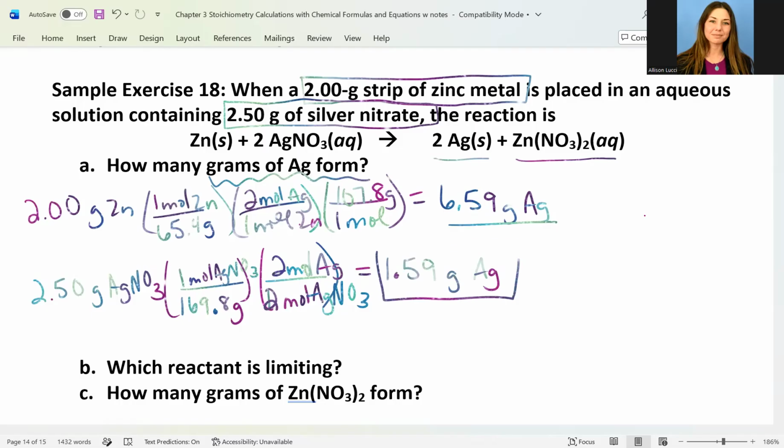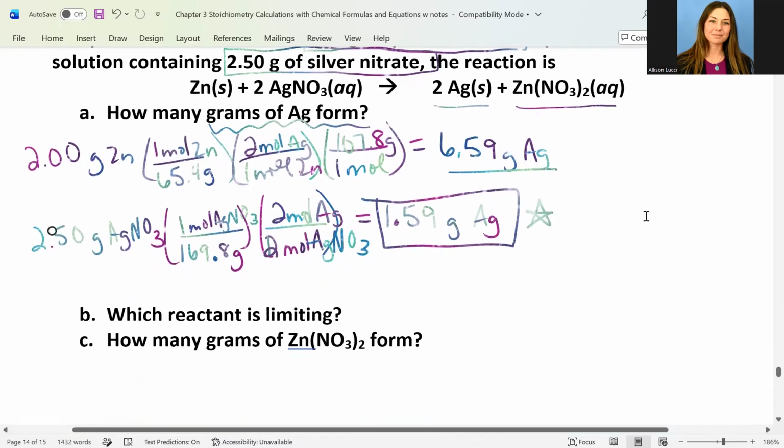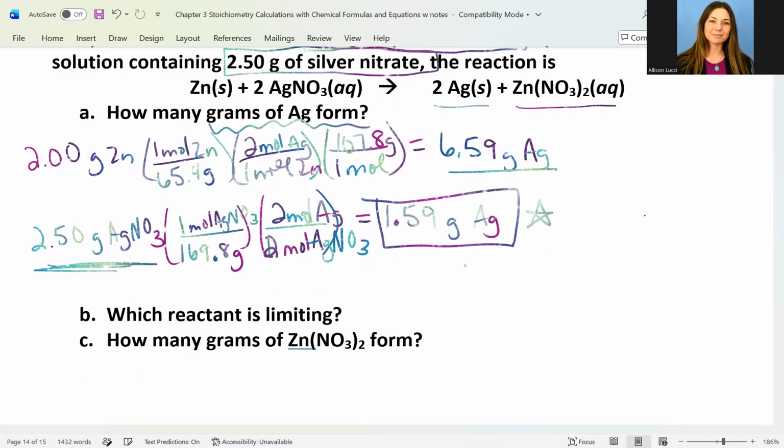So this must be my limiting reactant here, my silver nitrate, because I produce the lesser amount of silver. So this is how many grams of silver we could make using 2 grams of zinc and 2.5 grams of silver nitrate. And even though that's a greater quantity here than the other reactant, that is my limiting reactant.